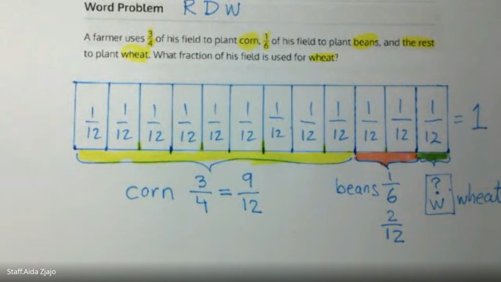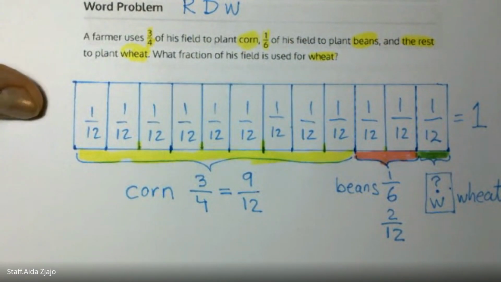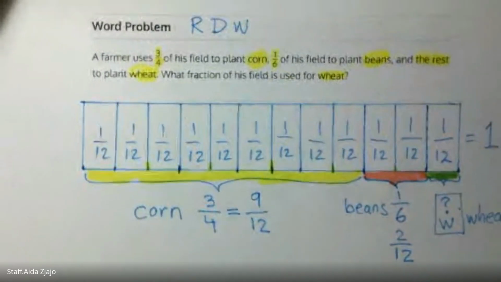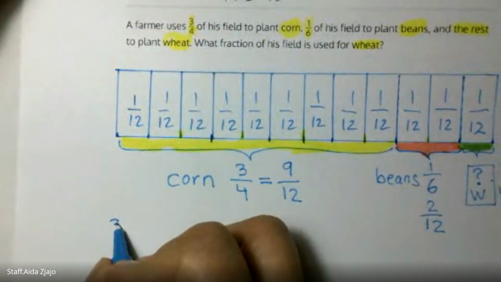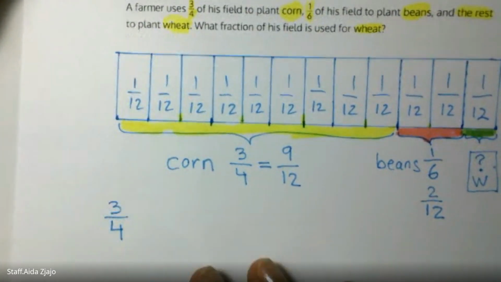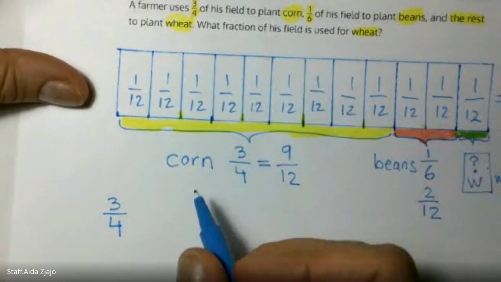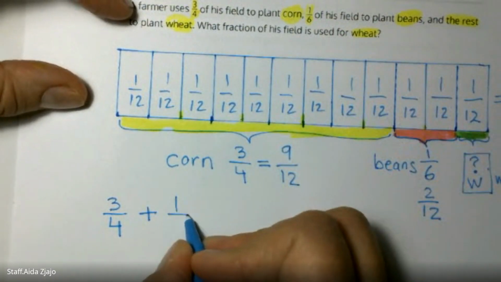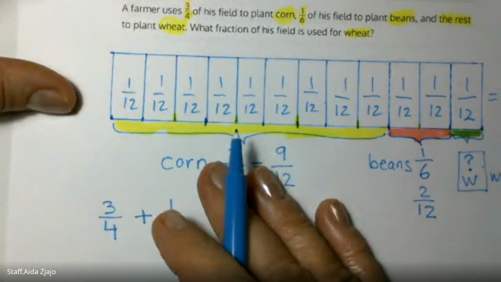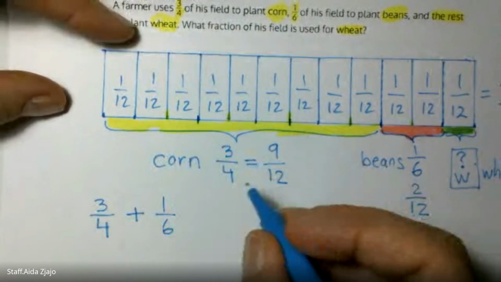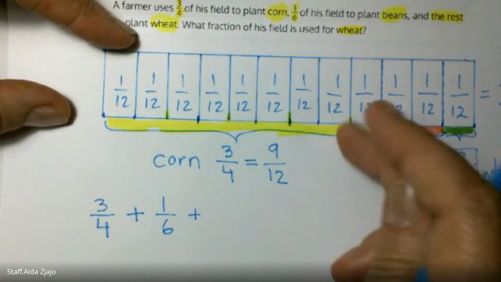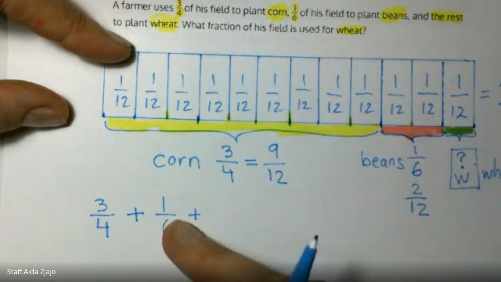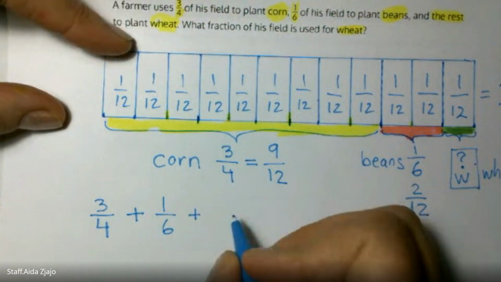So how can I do that mathematically? I did draw the picture. Now I'm going to do math sentences, thinking of the farmer. The farmer uses 3/4 for his corn, plus he uses 1/6 for his beans, and the rest is wheat.